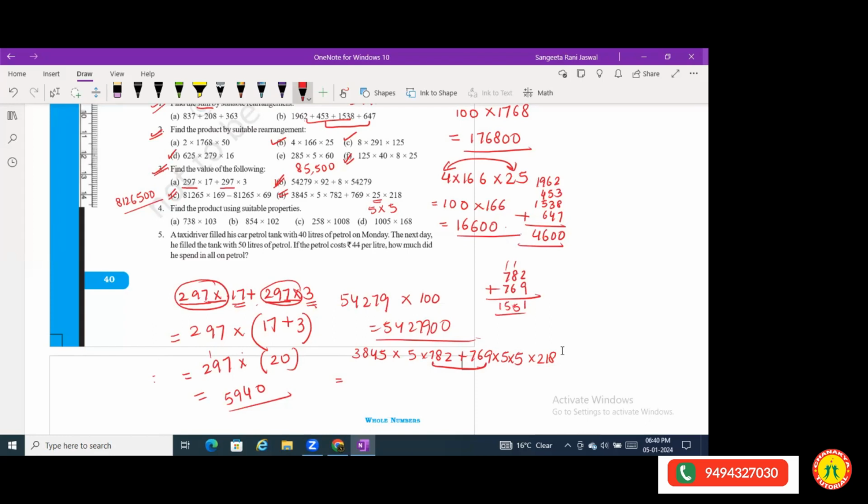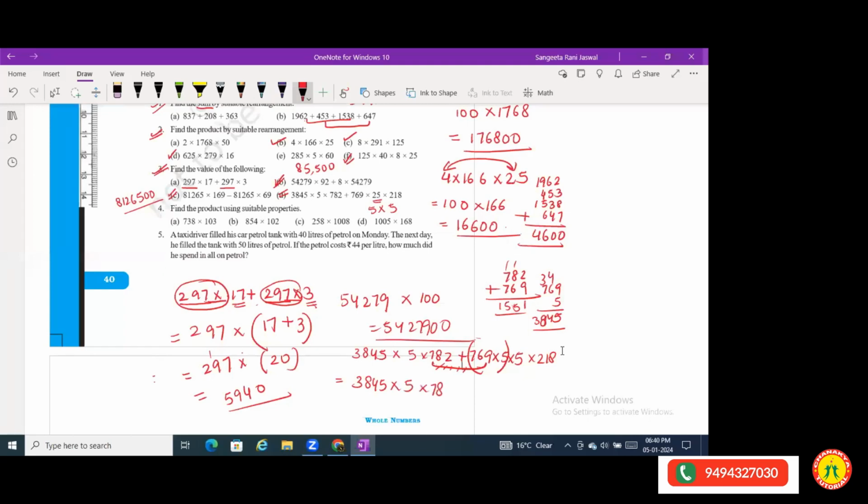So if I try this 769 into 5, what do I get? 5 9s are 45, 30, and then 34, 35, and 3, 39. 35 and 3, 38. So these two numbers, 769 and this 5, will give me 3845.